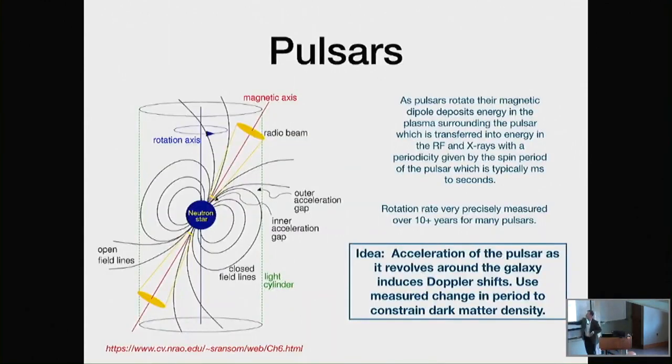Pulsars are very small, highly magnetized stars that give off regular pulses of radio waves. And in fact, you can basically understand the pulses from a pulsar with two numbers, the pulse rate and the first derivative of the pulse rate. And that's all the information there is.